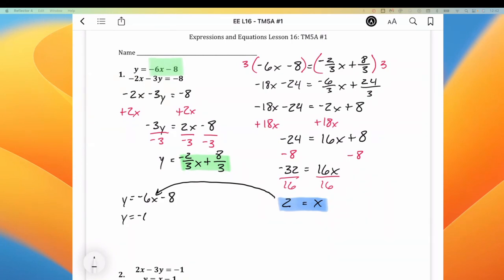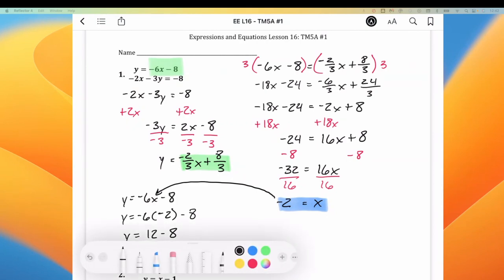So y equals negative 6 times, that should be a negative 2, minus 8. And now this is going to tell us what the y value is. And so y is equal to 12 minus 8. y is equal to 4.